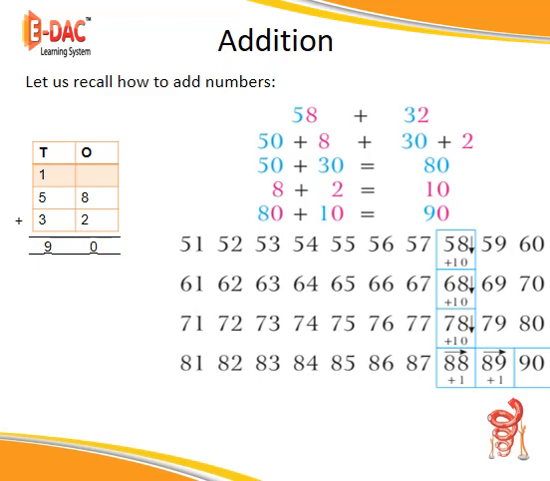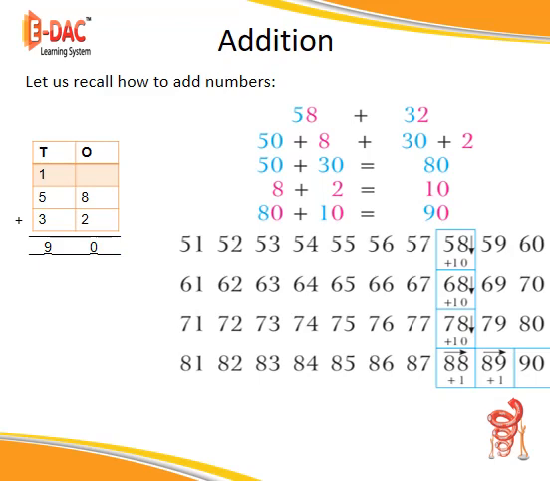So we will write 50 plus 8, and in 32 we will write 30 plus 2. Now we will put 50 and 30 together and we will add them. So we will get 80.